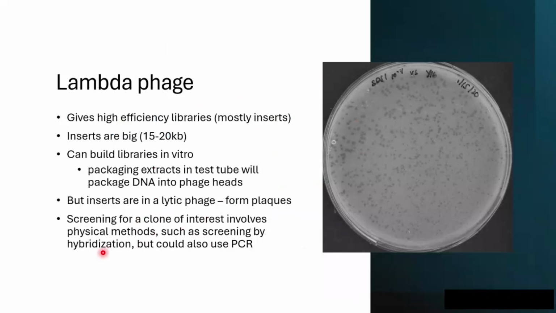Hybridization is where you put a certain probe on a nitrocellulose membrane, and the plaques that have the specific insert will light up under X-ray or fluorescence, whatever method you're using, or PCR. But these require you to know a little bit about your DNA molecule before doing that.